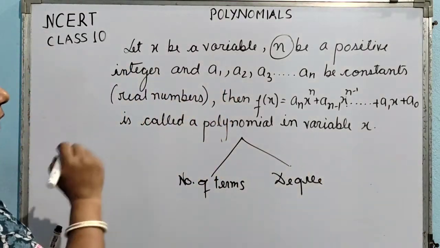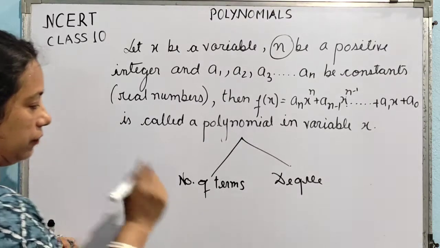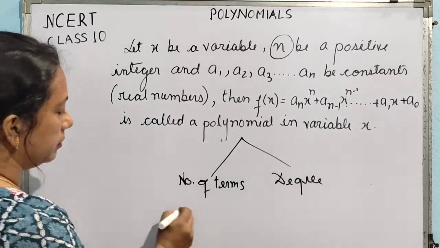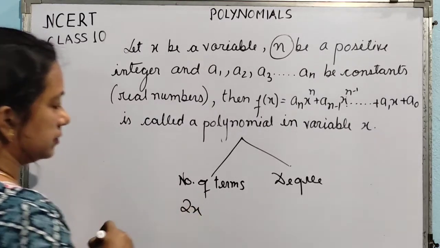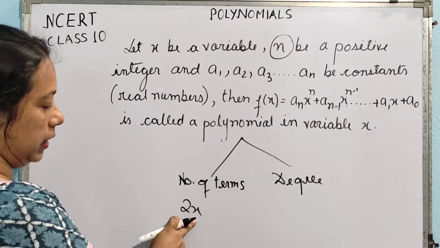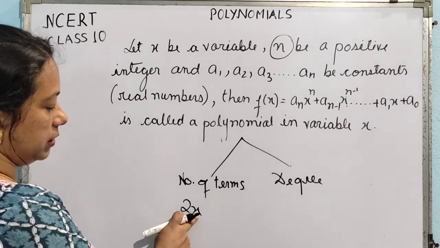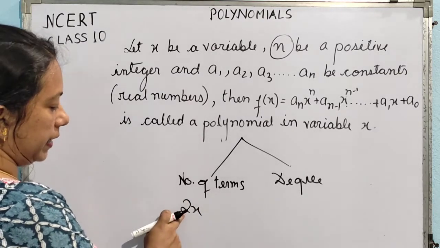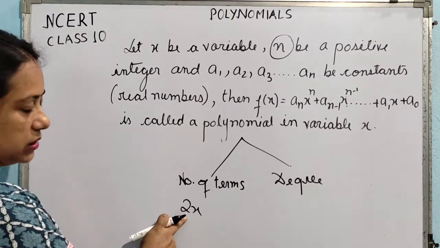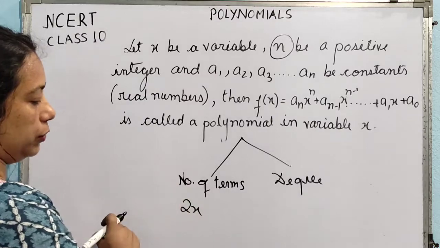According to the number of terms, if a polynomial has one non-zero term, suppose 2x, it has only one term. This is also a polynomial, because the power of x is 1 and the coefficient of x is 2, which is a real constant. So we can say that this is a polynomial.